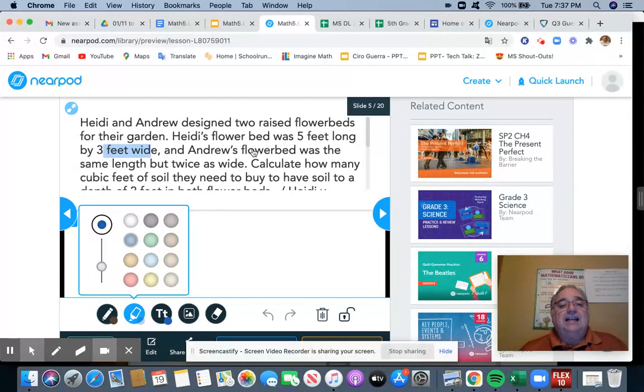So the next thing is that Andrew's flower bed was the same length. So the same length will be what I'll be highlighting right here. It's 5 feet long, but twice as wide. So if it's twice as wide, what do we need to do?